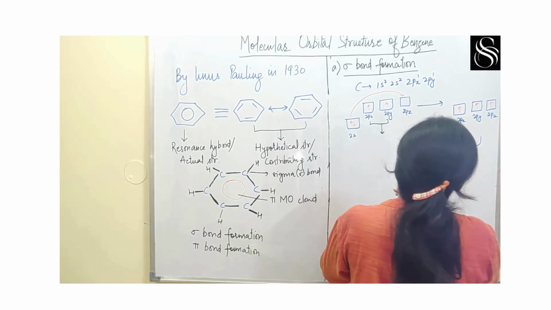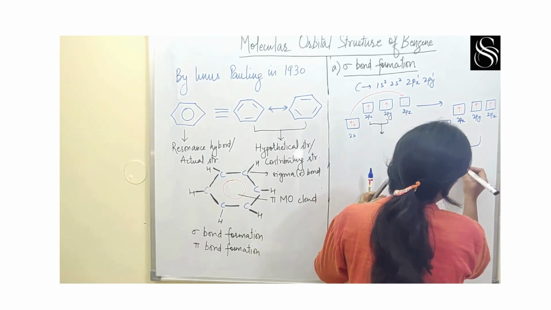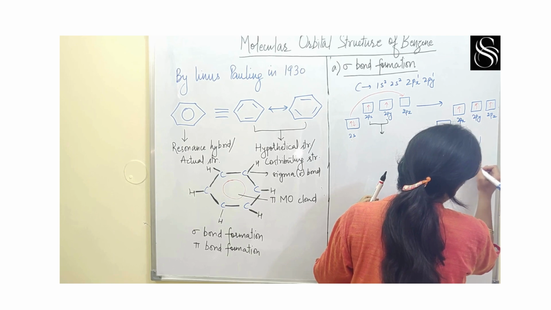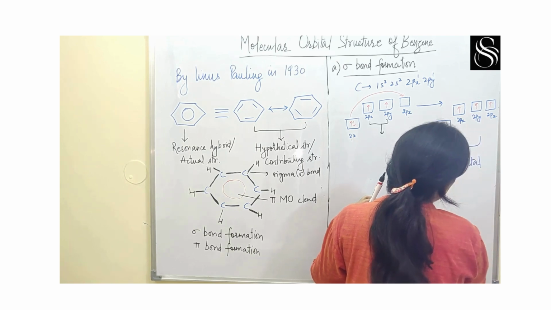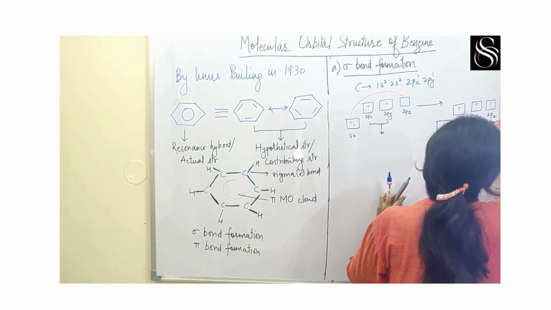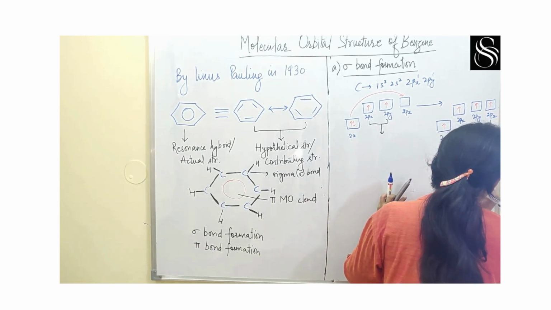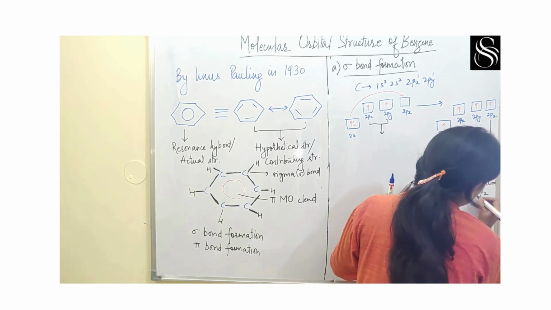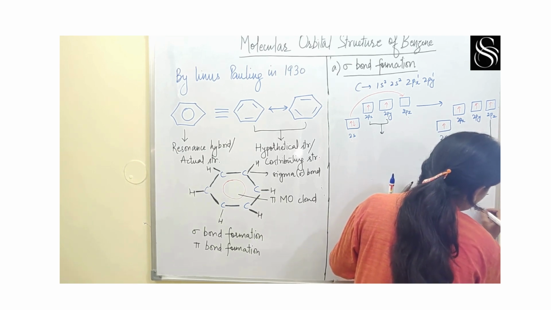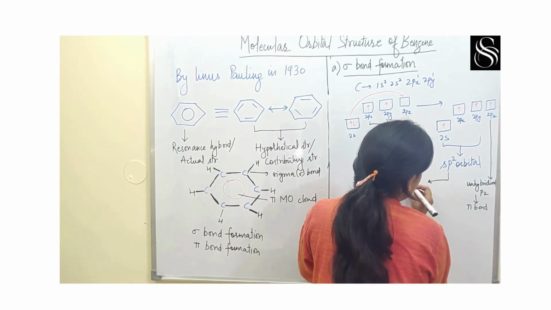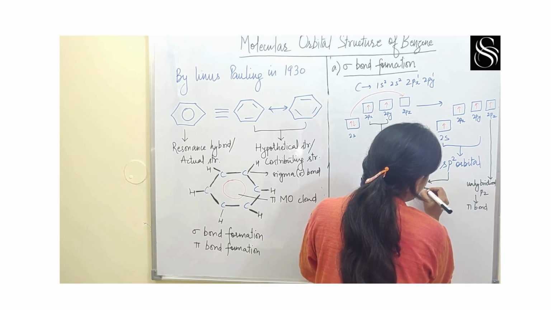So the sp2 hybrid orbitals participate in sigma bond formation, and the unhybridized pz orbital participates in pi bond formation.